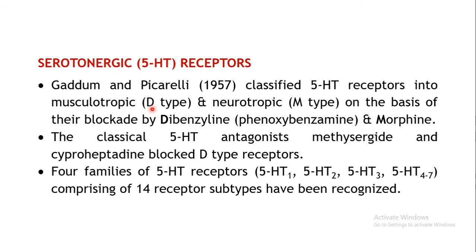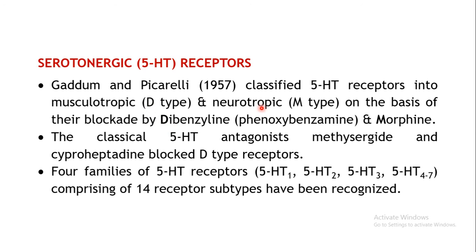They are named D and M depending upon the blockers or the antagonists at these two types of receptors. The musculotropic 5-HT receptors were blocked by dibenzyline, so D for dibenzyline, that's why they are known as D type.